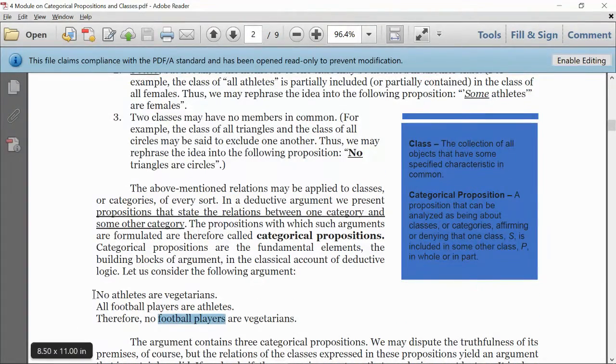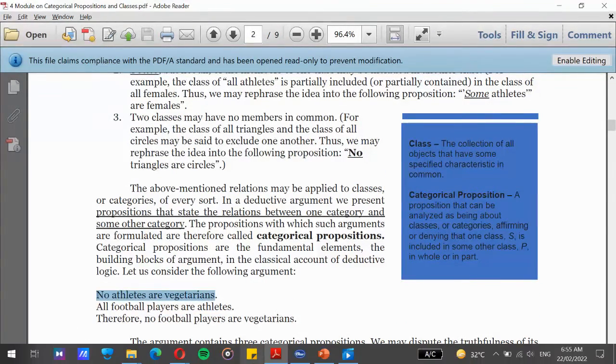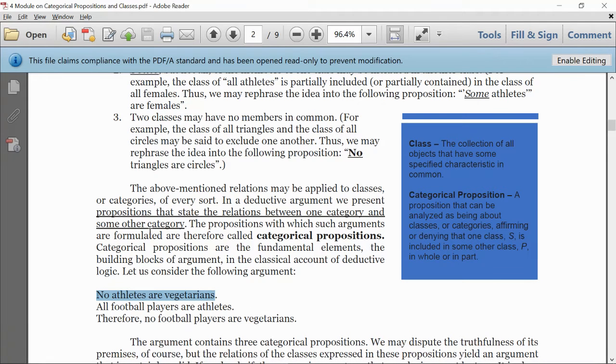So this is one type of categorical proposition, which means to say that there's no relation, or rather, that these two classes, the class of athletes and the class of vegetarians, exclude each other.